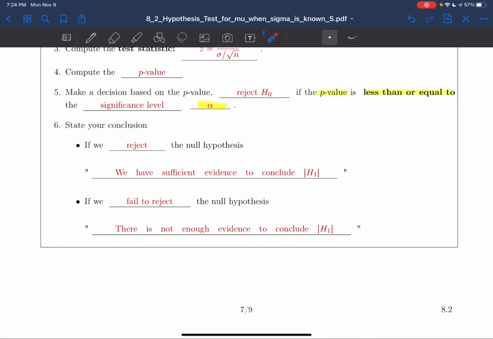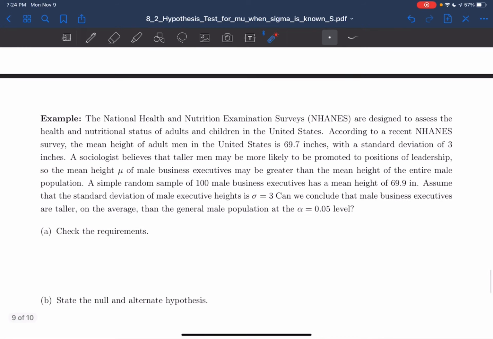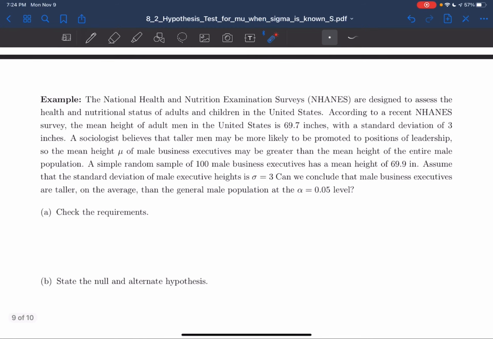Now let's do some examples of hypothesis testing by using the p-value method. Here, example 1: the National Health and Nutrition Examination Survey is designed to assess the health and nutrition status of adults and children in the United States. According to a recent survey, the mean height of adult men in the United States is 69.7 inches, with a standard deviation of 3 inches.